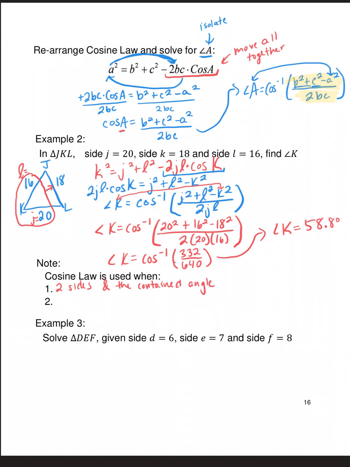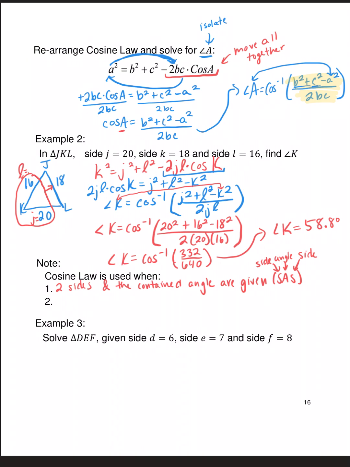Show you what I mean by contained angle. Let's see, we are given side, angle, side, and we call this SAS because that means your side, your angle, and another side.